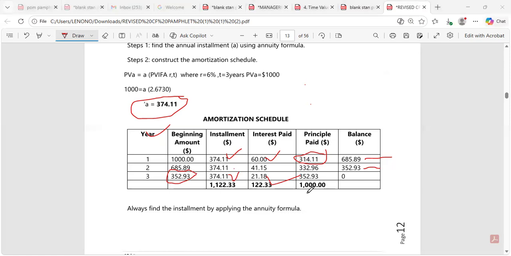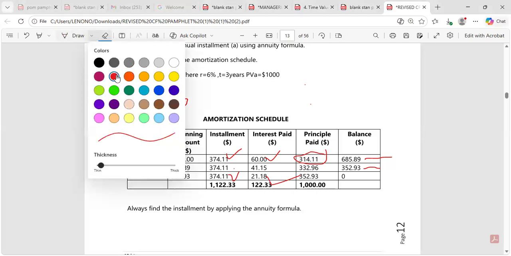Yes, please. How are we getting the 41.15? You are multiplying the beginning amount using the interest.